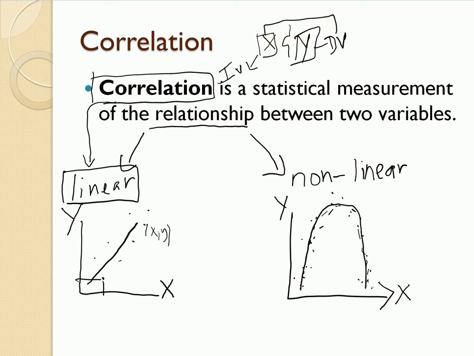In other words, when you plot the different values of these variables on a graph, then you can draw a straight line through the data.